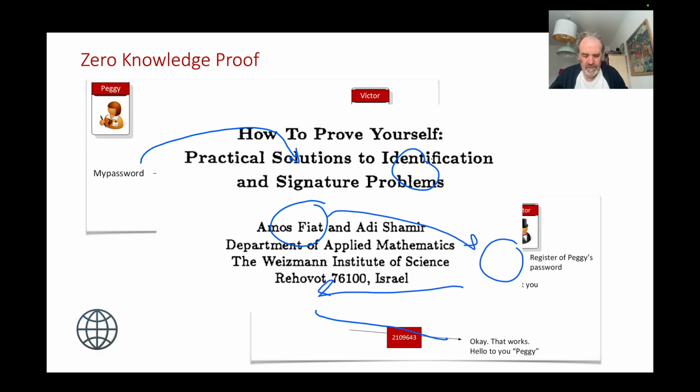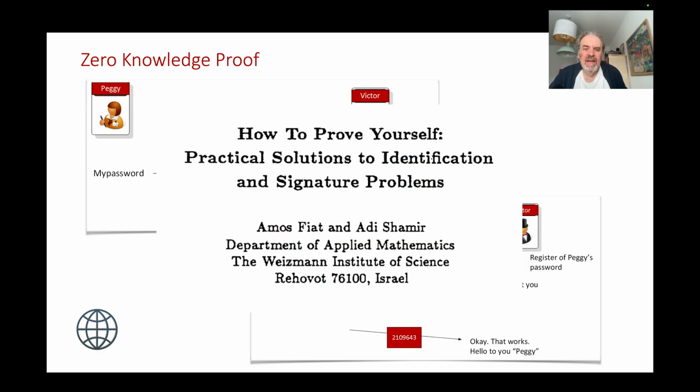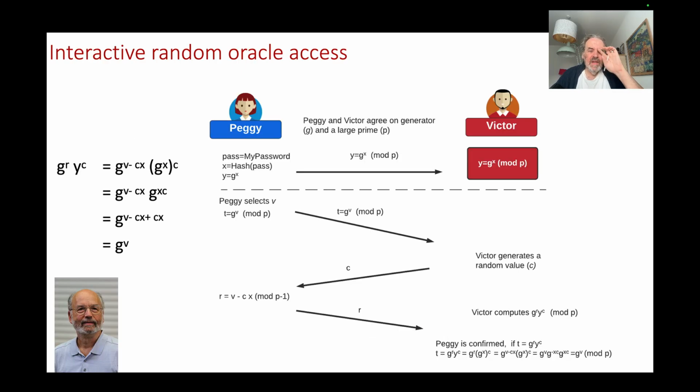And this was solved with this paper here by Amos Fiat and Adi Shamir, and they outlined a method that allows us to identify ourselves without actually revealing our secret. The way it happens is like this.